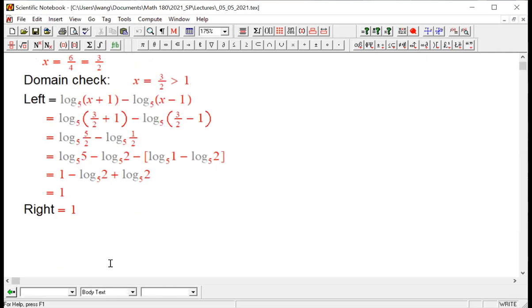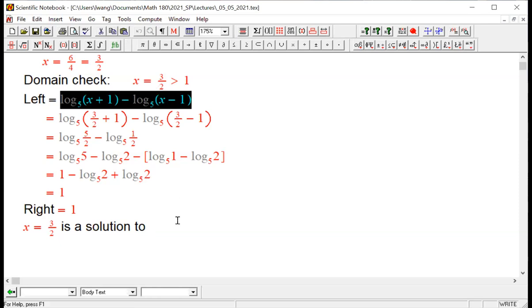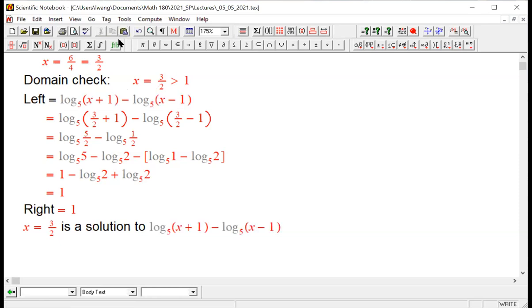Okay, and then we can say x equals 3/2 is a solution to the equation.